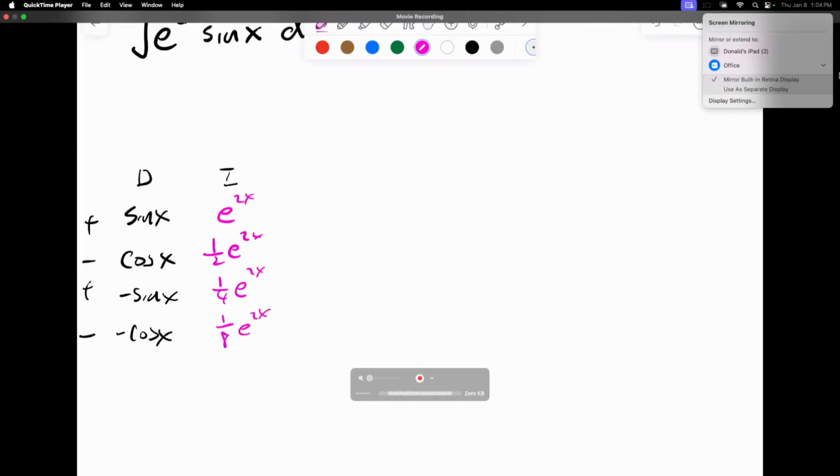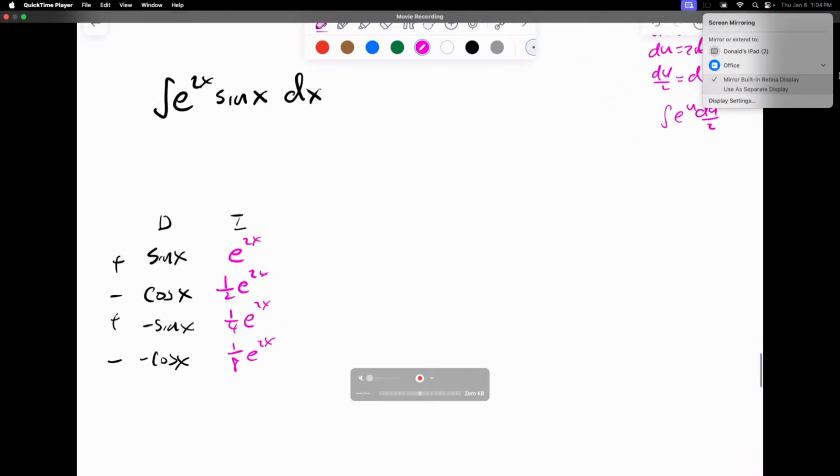Now you're going to wonder, when do I stop? Do I stop at the first line, the second, the third, or the fourth? When it's the same as the original. Which line is the same as the original? The sine of x.